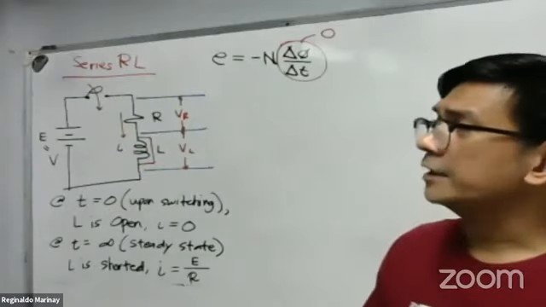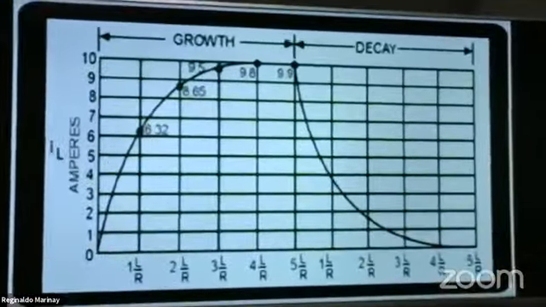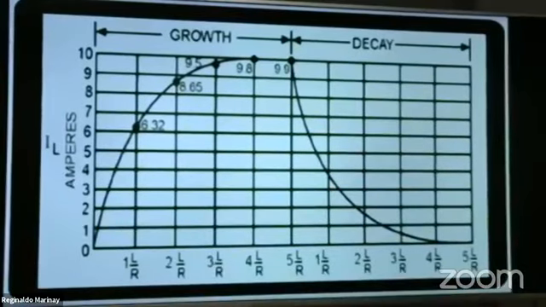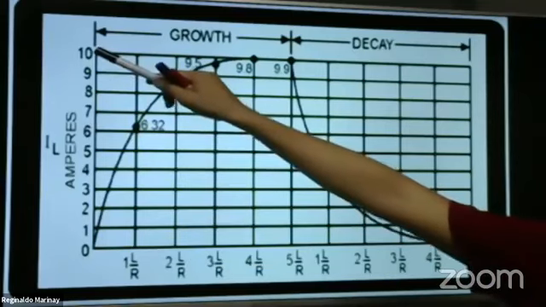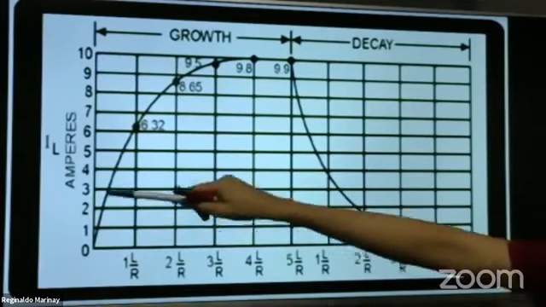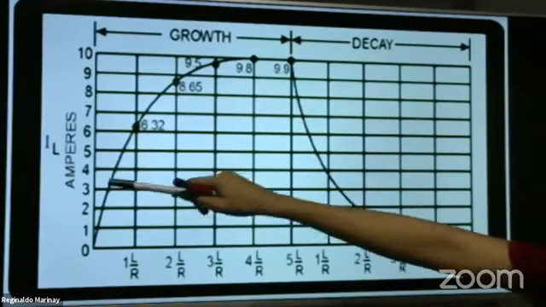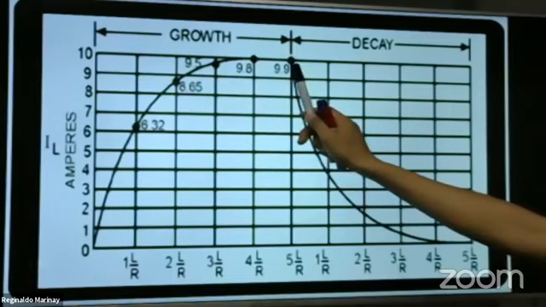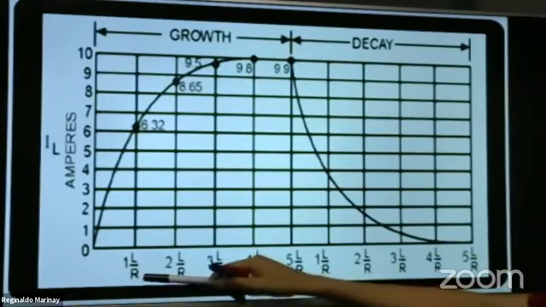Let's go over the PowerPoint. This is just an example I saw based on my research. This is from 0 to 10 ampere. Let's say this is 100%. There is a growth. Take a look here. This is what we call the one time constant.